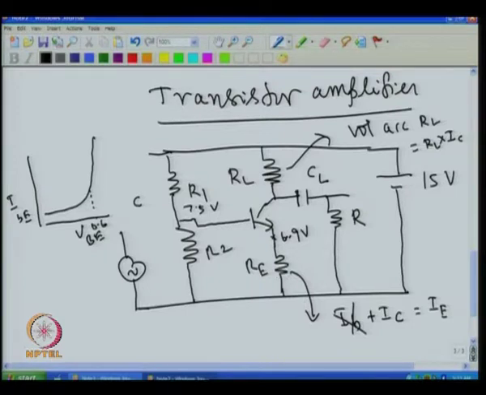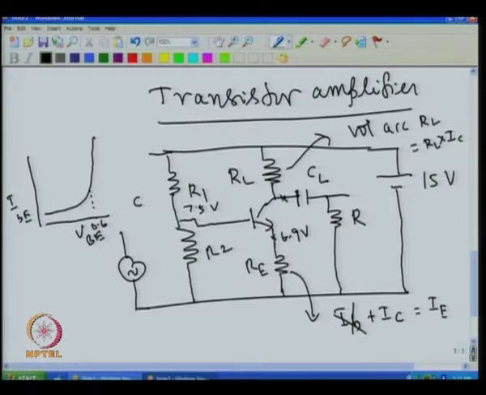Once I know the current through this resistance, I know the current through this, and I know the resistance value, so I know the voltage across this. If the voltage across this is known, then immediately I can write the voltage at the collector, because this is 15 and if this voltage is 5, then this voltage is 10.